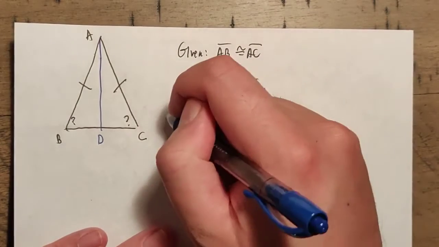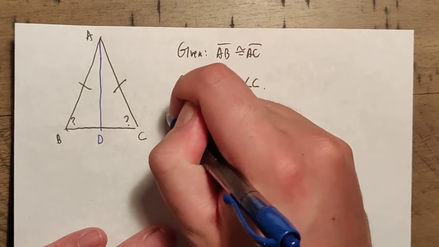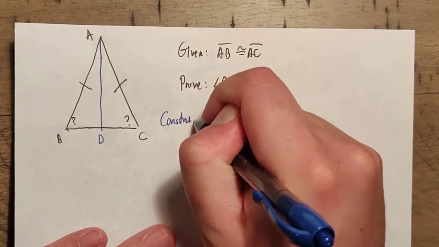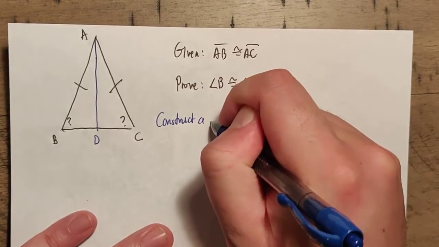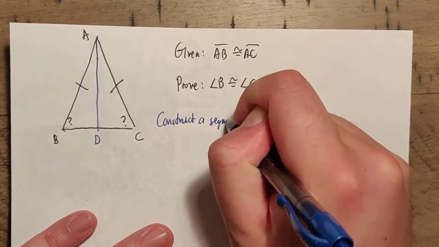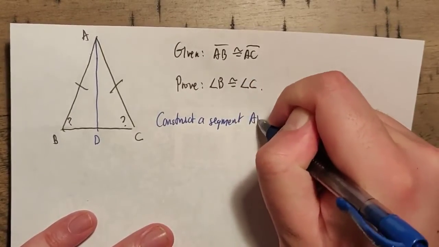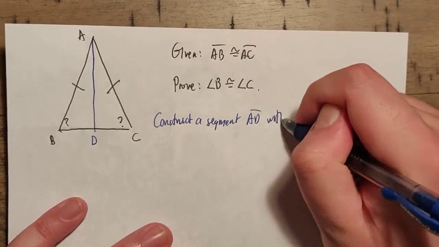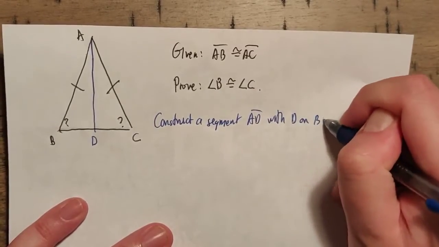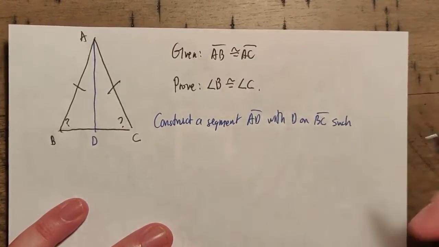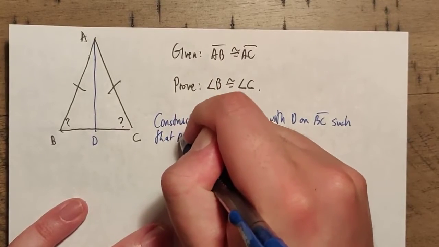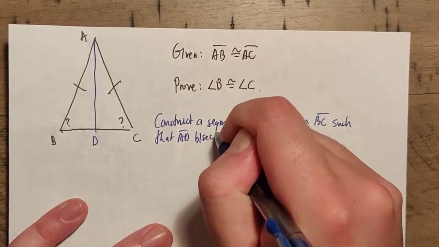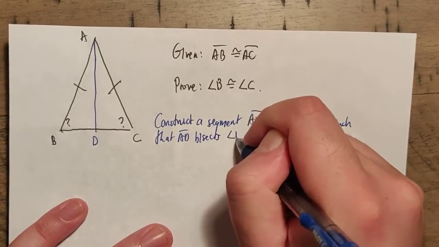So the first step of my proof will be this: we're going to construct a segment AD with D on BC such that AD bisects angle BAC.